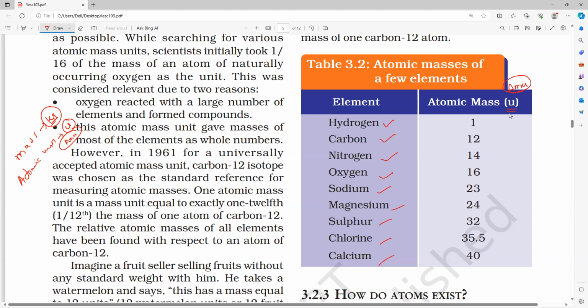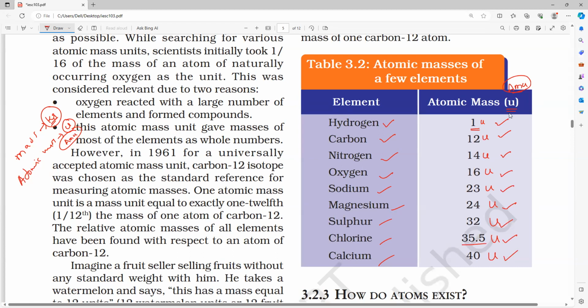One hydrogen atom, what is the atomic mass? 1 U. Carbon, 12 U. Nitrogen, 14 U. Oxygen, 16 U. Sodium, 23 U. Magnesium, 24 U. Sulfur, 32 U. Understanding? Chlorine, 35.5 U. Calcium, 40 U. So this is the atomic mass of one single atom of an element.